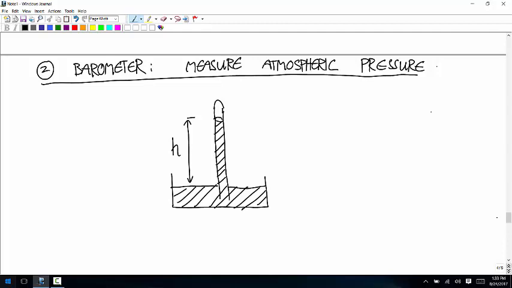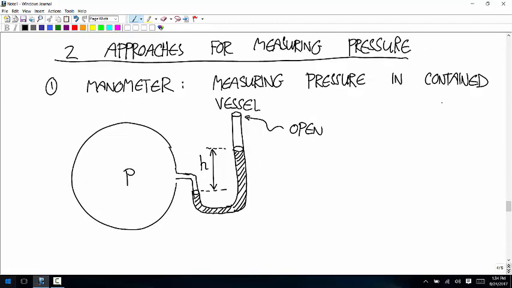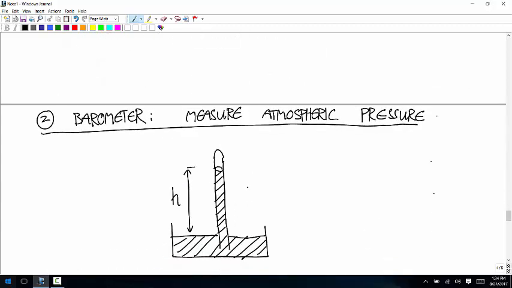Well, we're going to approximate this as having zero vapor pressure, which means you want a fluid in there that's really far from its boiling point, because you want that vapor pressure to be really small. And that's why with the manometer, really any kind of fluid will work. With this, you use mercury, liquid mercury.